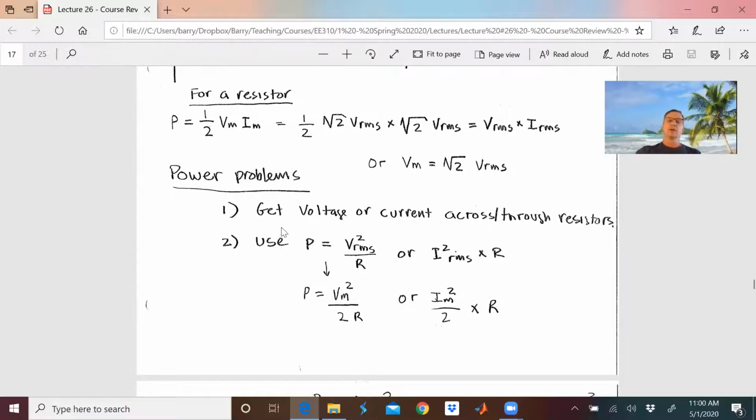So for sinusoidal power problems, what I'll do is I'll get the voltage across the resistors or the current through the resistors, and then use the fact that power in those resistors is V squared RMS over R, or it is I squared RMS over R. I can also say power is equal to Vmax squared divided by 2R, and that's just that √2 between max and RMS popping its head up, or Imax squared over 2 times R. So this formula or this formula just depends whether you use RMS or maximum.